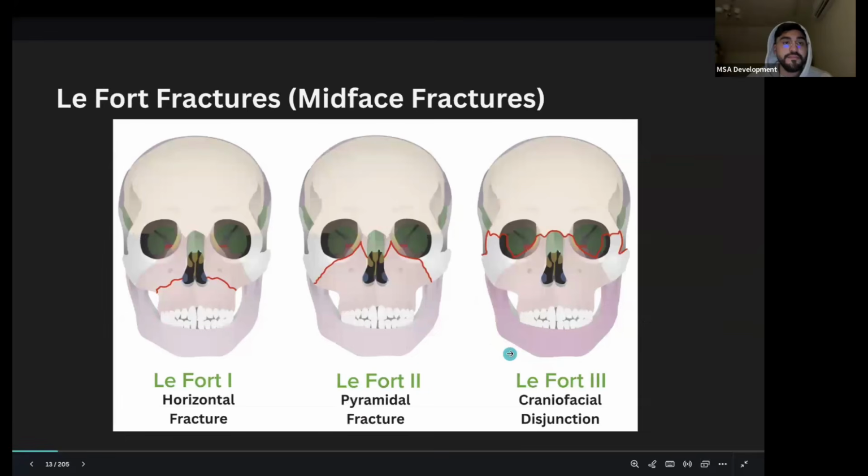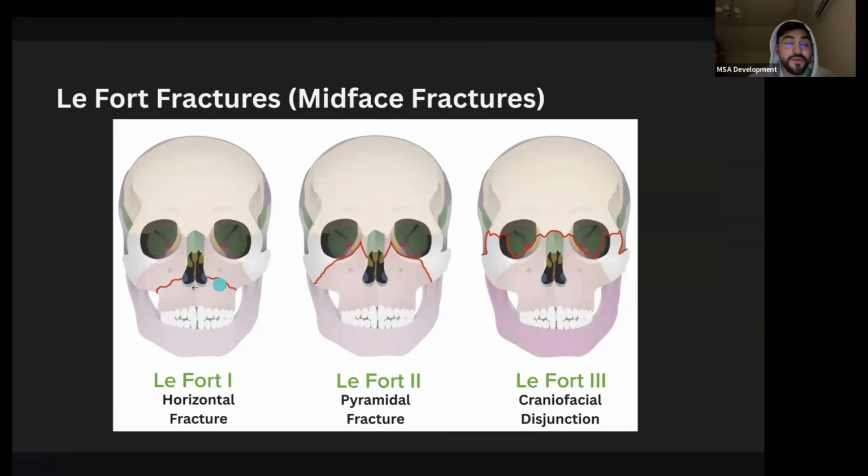And then moving on, we have the Lefort fractures, or the midface fractures. They're divided into three different categories: Lefort 1, Lefort 2, and Lefort 3. Lefort 1 is a low level horizontal fracture.